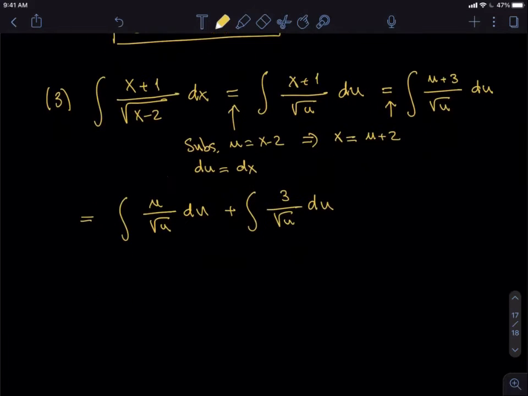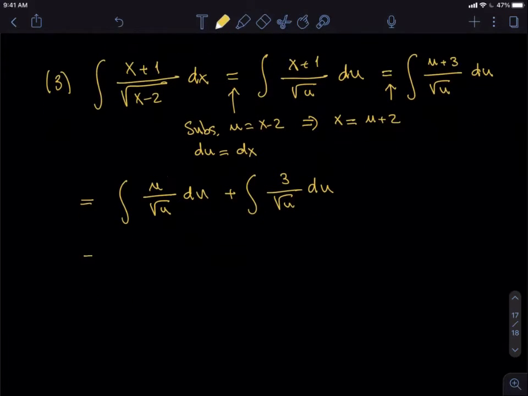And we get two antiderivatives. This is the integral of the square root of u du plus 3 times the integral of u to the negative 1/2. Maybe it's easier to write both of them that way.